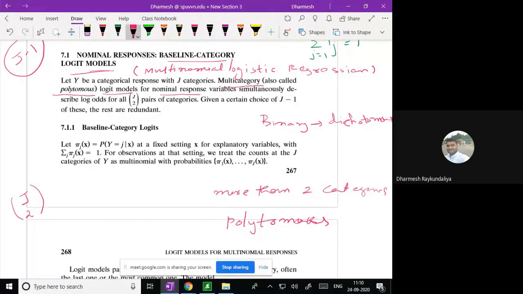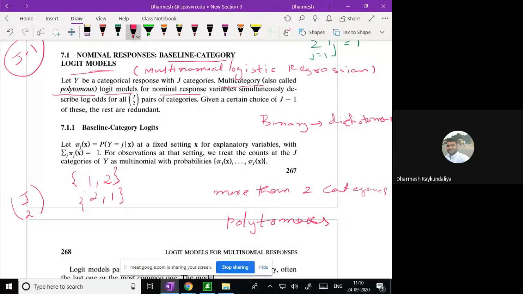If out of J categories you have to select any two, then you can select the pair in JC2 ways. But if you are making the model 1 with 2 or model 2 with 1, it gives the same answer, only with a change of sign.